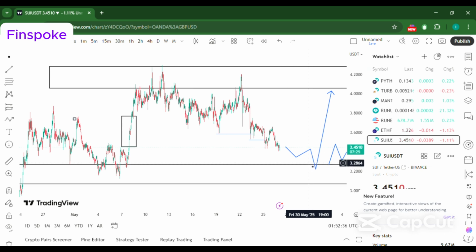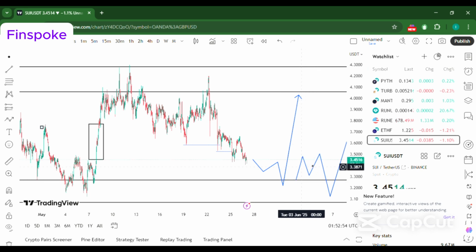If Bitcoin pushed up, definitely price will reverse and push up here, because it's the leading coin. But if it didn't, the market will still range here, probably come here to take out this liquidity.